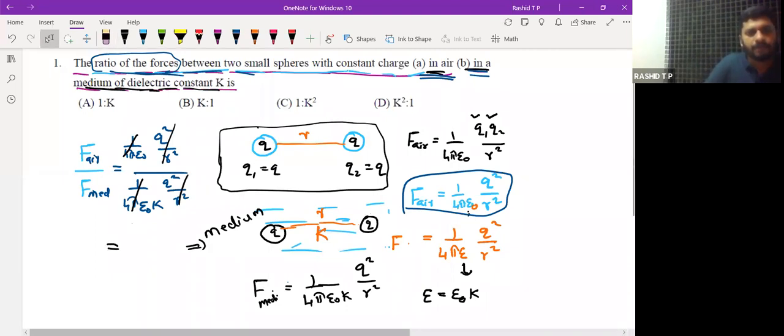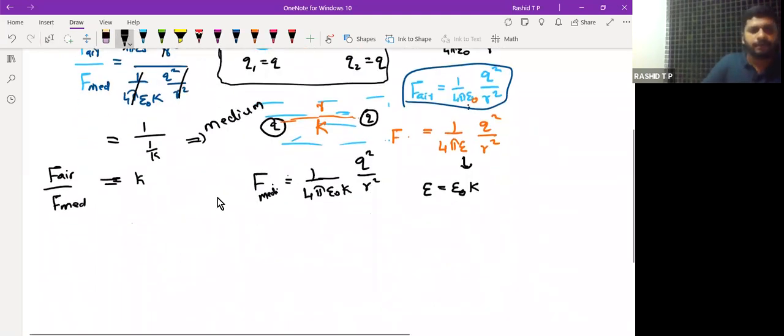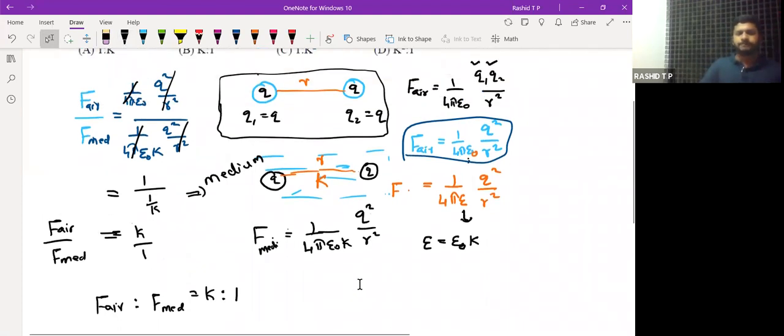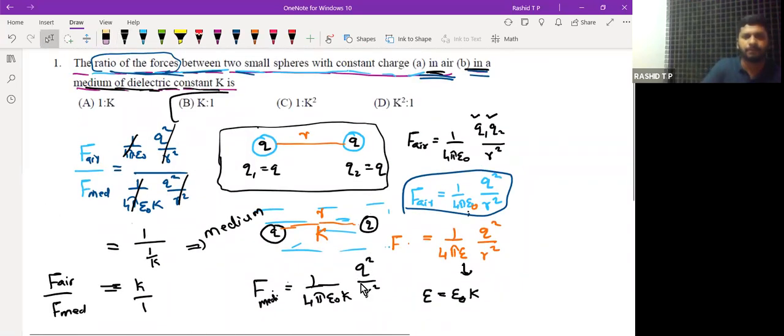Then you are left with 1 in the numerator and 1 by K, that is K. F air divided by F medium is equal to K, that is K by 1. Therefore, F air is to F medium is equal to K is to 1. That is the answer.